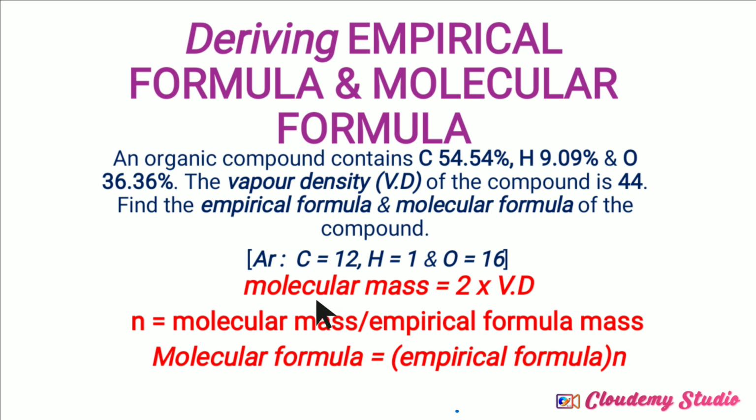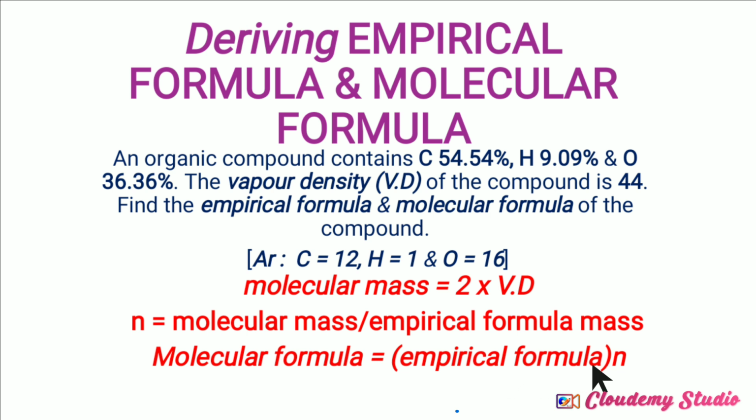First one is to find the molecular mass, that is 2 times vapor density. Then to calculate the value of n, we need to divide the molecular mass by the empirical formula mass. Then finally to find the molecular formula, empirical formula times n.